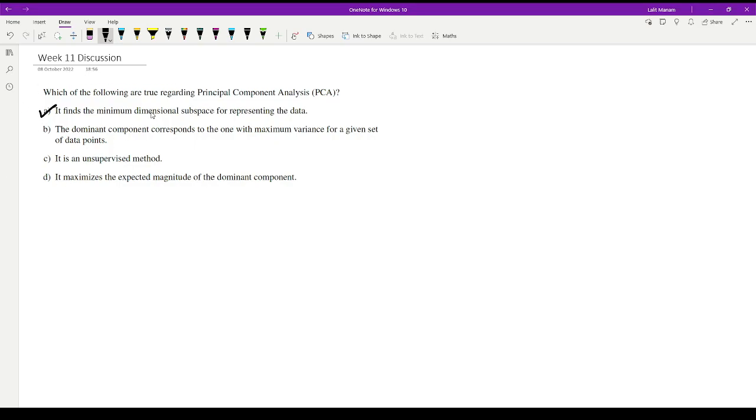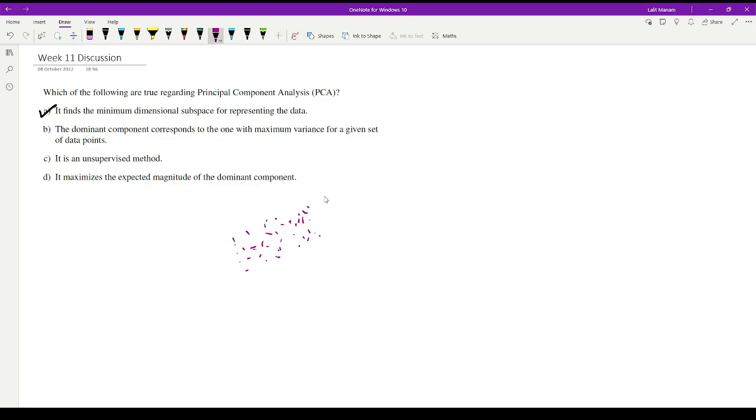The next one is: the dominant component corresponds to the one with maximum variance for a given set of data points. What do you think? Okay, let's take an example before we go ahead.